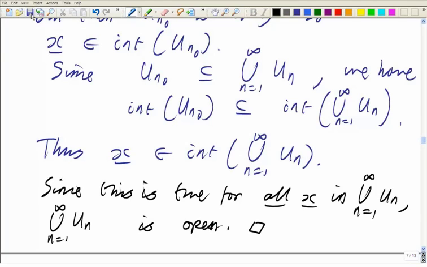Doesn't matter how many you've got, take their union, it's still open. And actually, even if you've got uncountably many, the same proof works.